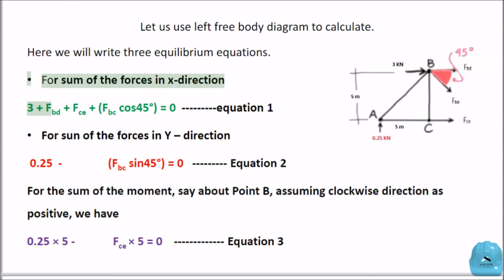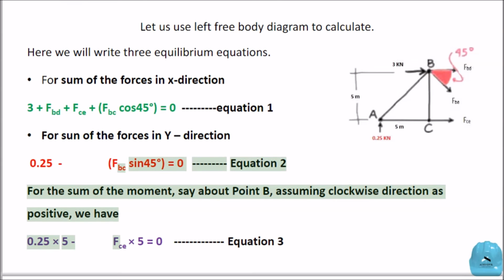For sum of the forces in x direction: 3 plus F_BD and F_CE plus F_BC cos 45 degree, equals 0. Equation 1. For sum of the forces in y direction: 0.25 minus F_BC sin 45 degree, equals 0.